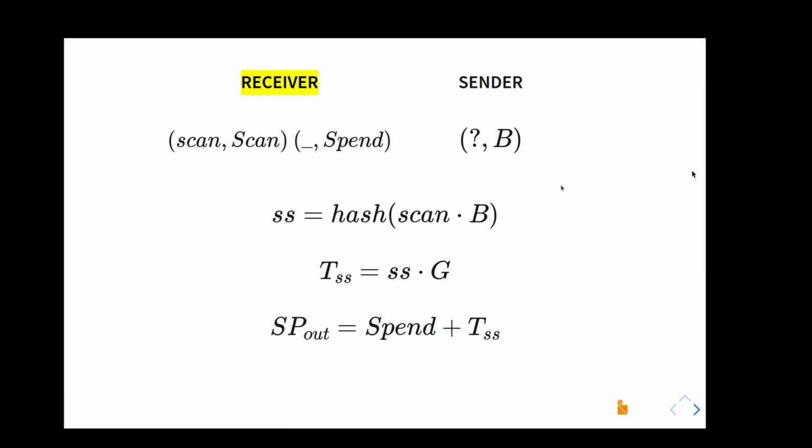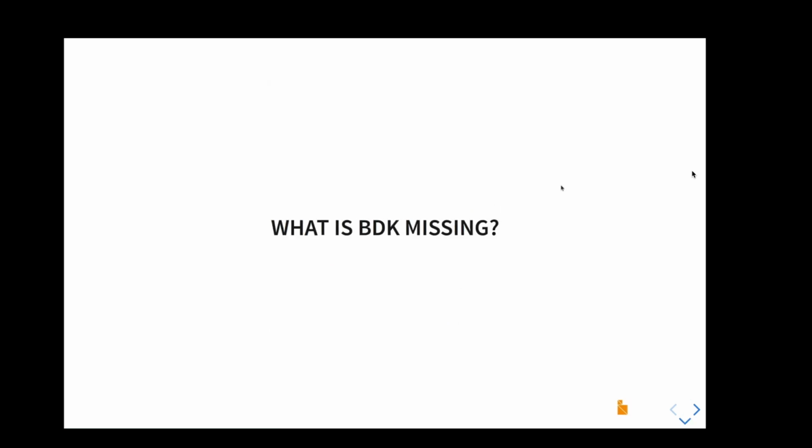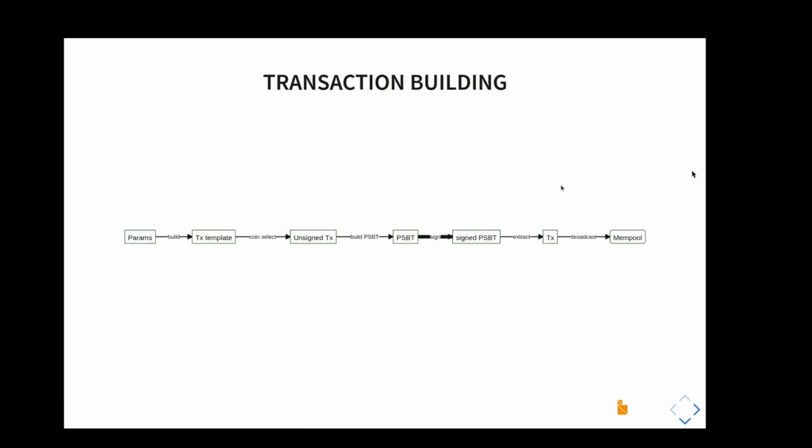So now, what's BDK missing about silent payments? Well, BDK has a lot of features, but some of them need a little bit of change to work with silent payments. One of them is the transaction building process, where usually in BDK you first have the parameters of the transaction. With those parameters, you create a transaction template.